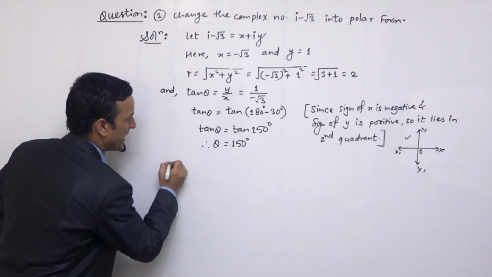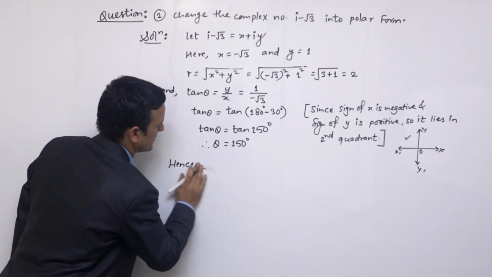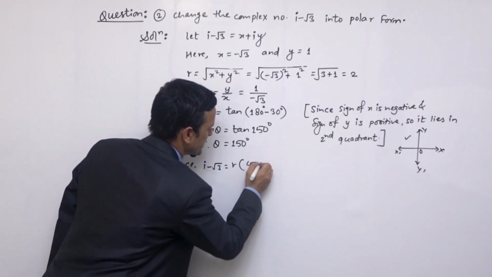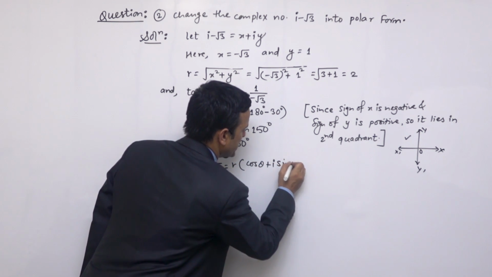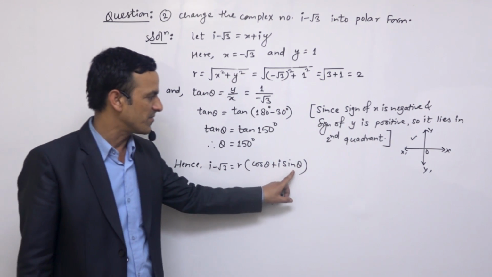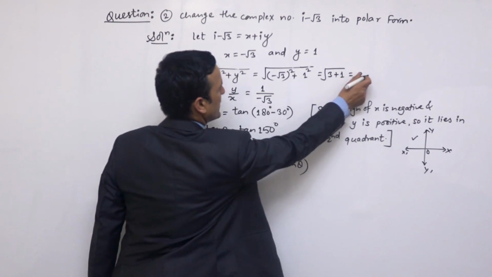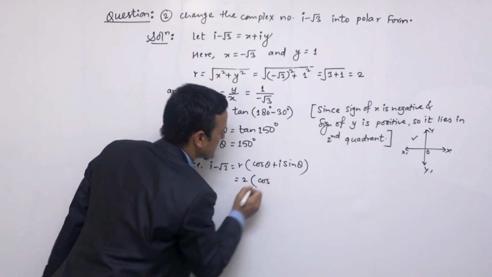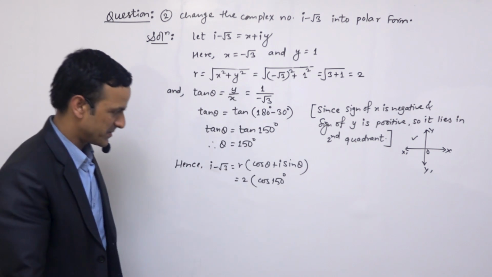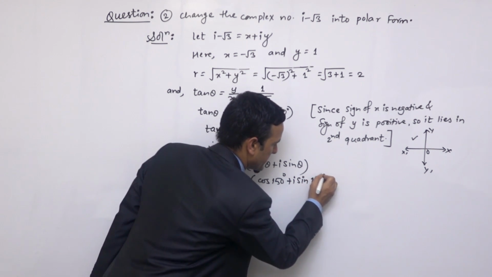So hence in this way, minus i root 3 is equal to r times cos theta plus i sin theta. So this is the question and its polar form is like this. Polar form ma value राखौं, r भनेको value 2 छ, cos theta means 150 degree, plus i sin 150 degree.